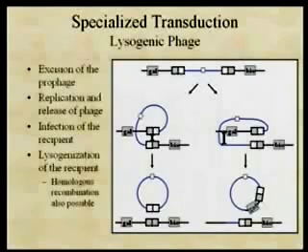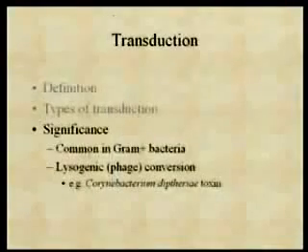In the case of another specialized or lysogenic phage called phi 80, that one inserts close to the tryptophan genes. So that transducing phage transduces tryptophan genes. All right? So each specialized transducing phage will only transduce certain genes. Happens to be those that are close to where they inserted.